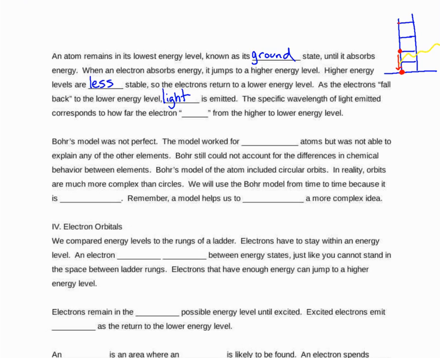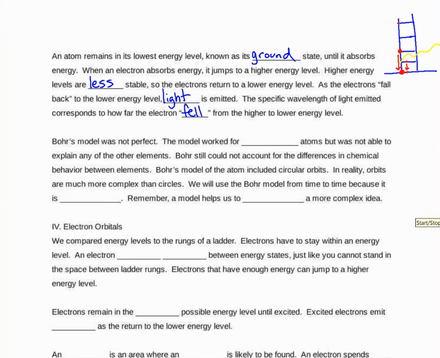The specific wavelength of light corresponds to how far the electron fell from the higher energy to the lower energy. So this one in my picture fell 2 rungs, and it let off some yellow light. Let's say that it only dropped 1 rung.